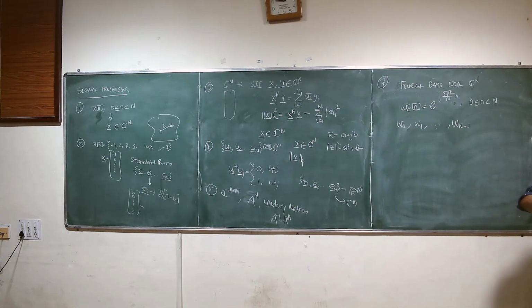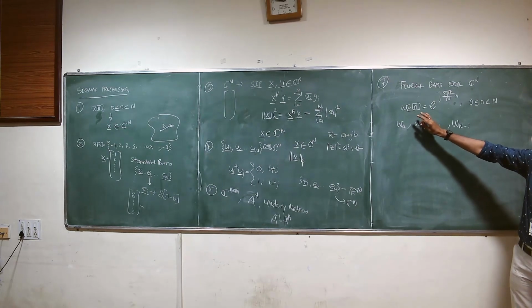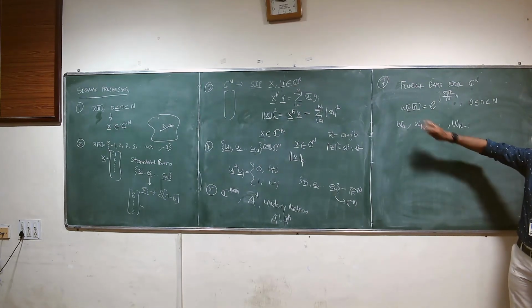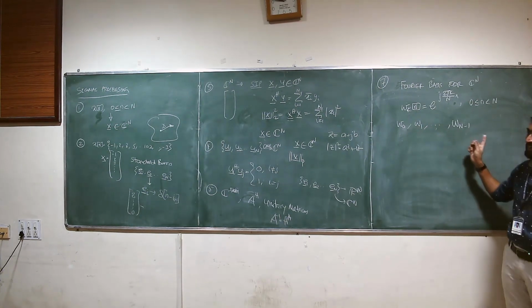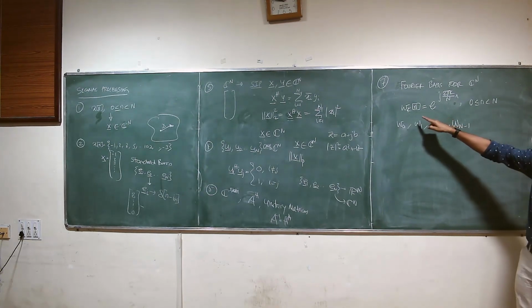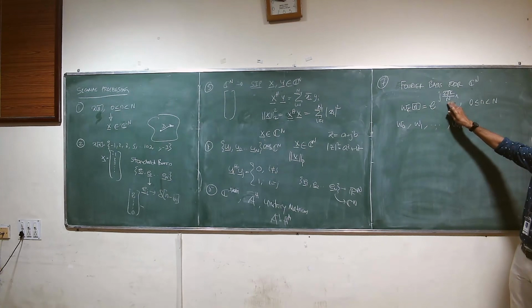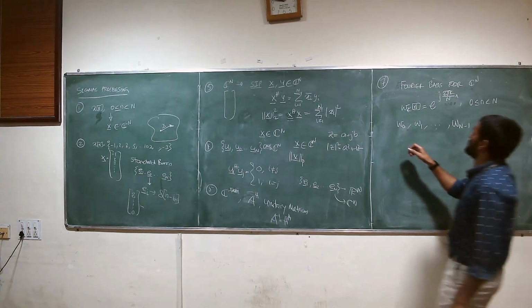If you're only talking about finite duration signals, then this is correct. But if you're talking about infinitely long sequences, then you can have any frequency between 0 and 2 pi. Whereas for finite duration signals, these n sinusoids are enough.